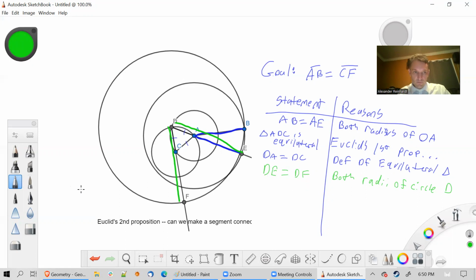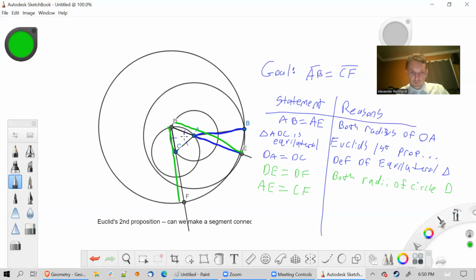Okay, the next step is to say that we can now say that AE is the same length as CF. The reason here is a little tricky. It's because DE is the same as DF, but they both contain parts of this equilateral triangle which are known to be equal.